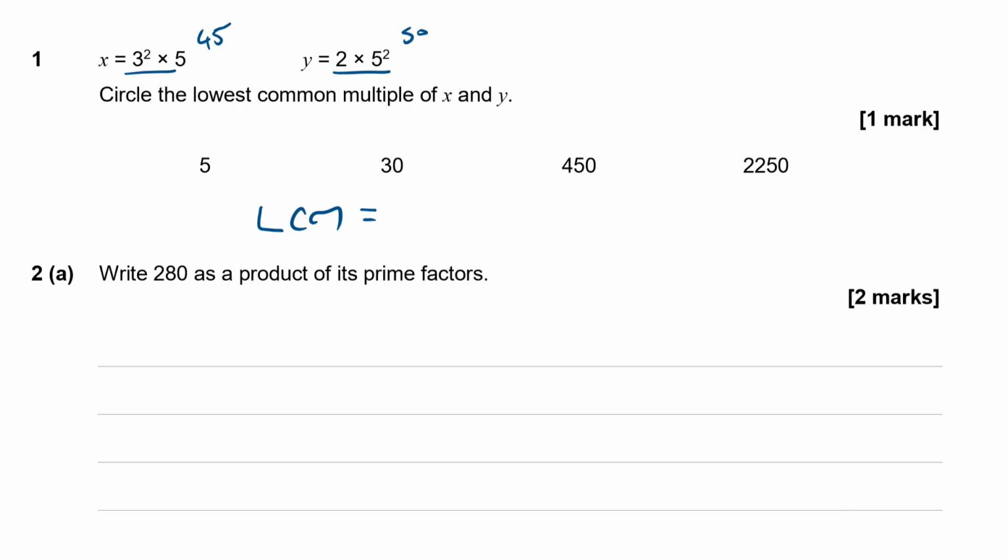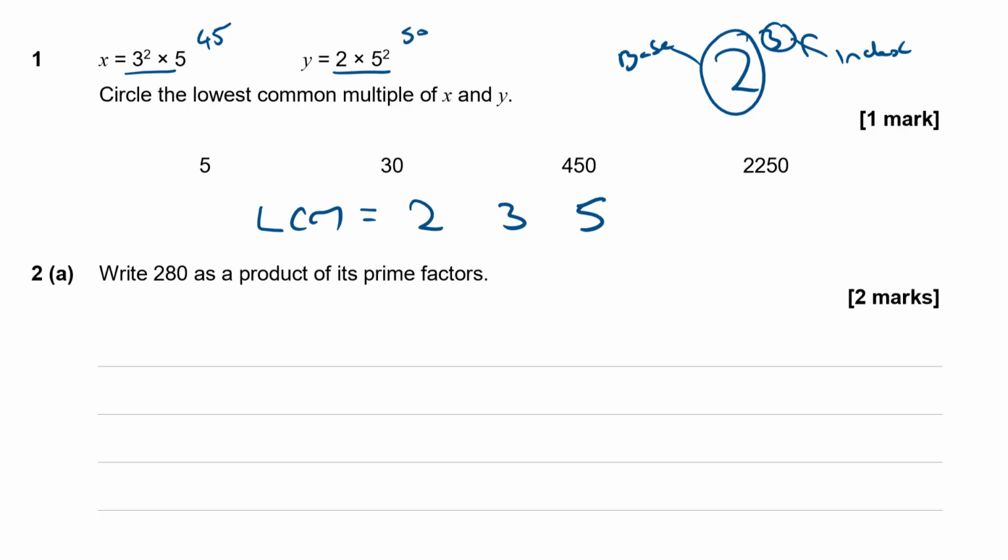So when you've got a number with a power, like 2 to the power 3, then that 2 is the base and the 3 is the index. So I'm talking about the big numbers in either of these two numbers. If you look at x, it's got bases of 3 and 5, and y has got bases of 2 and 5. So altogether there are 3 different bases appearing, 2, 3 and 5. So I'm just going to write them down like that, and I'm going to multiply them together.